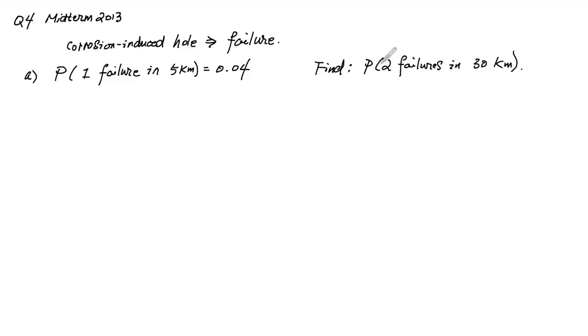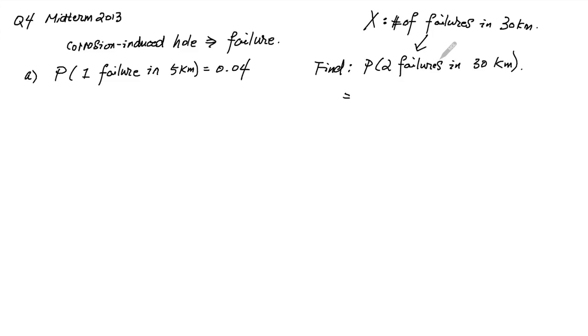Okay. So to find this, if you read this carefully, this is number of occurrences per time frame or space frame. So whatever this random variable is, let's call that x, is the number of failures in 30 kilometers.